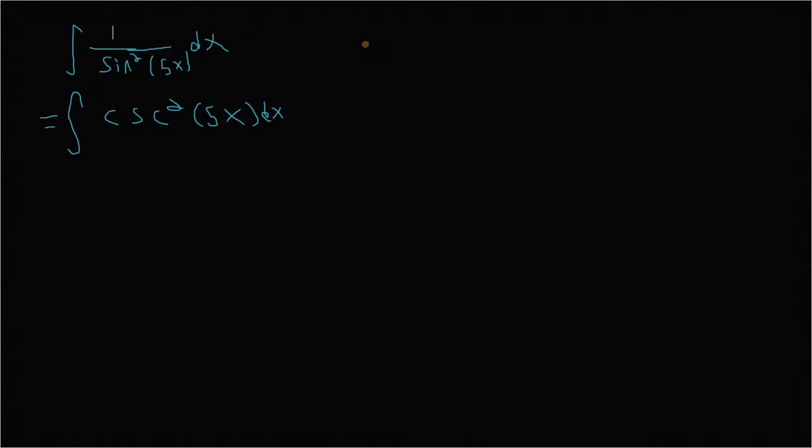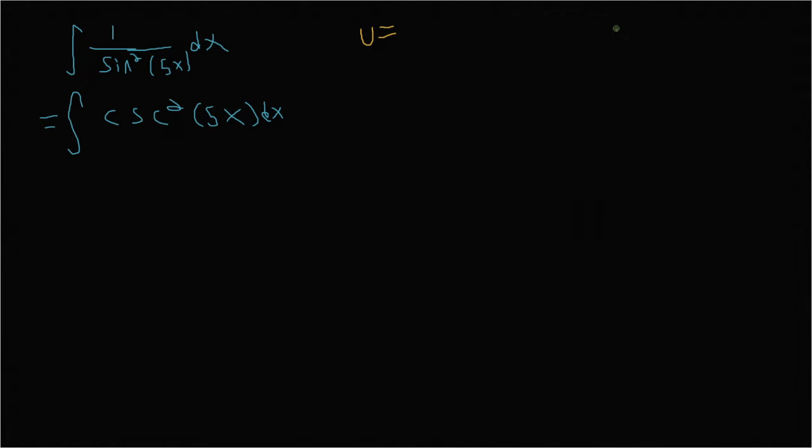We're going to let u equal the inside function, which is this. And you might be saying, what about this cosecant squared? Well, the derivative of cotangent x is negative cosecant squared x.